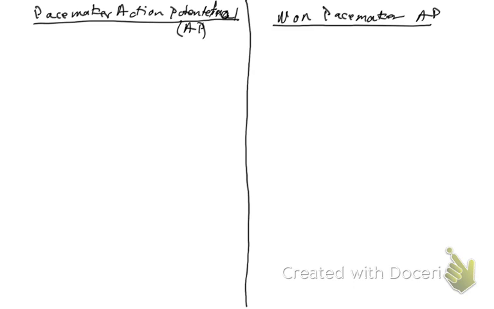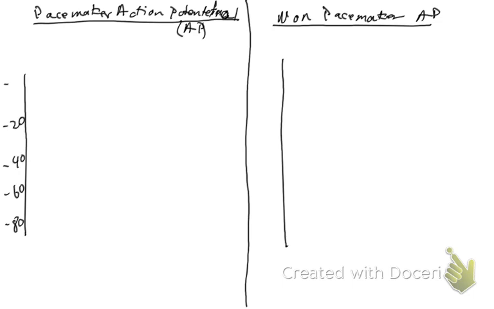How are we going to draw this? Basically we need to have the numbers. We're going to draw the y-axis here, and we're going to start with -80 until 0, so -60, -40, -20, and 0.